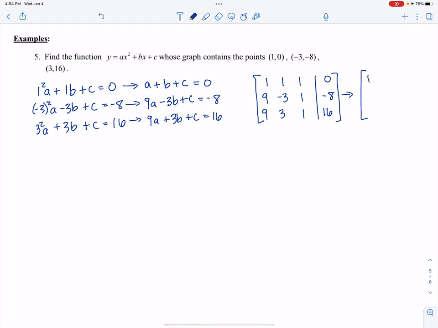So we'll have 1, 1, 1, 0. We'll have 9, -3, 1, -8. And then -9 plus 9 is 0. 3 plus 3 is 6. -1 plus 1 is 0. And -8, or +8 and +16 is +24.